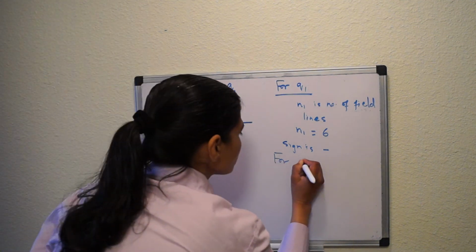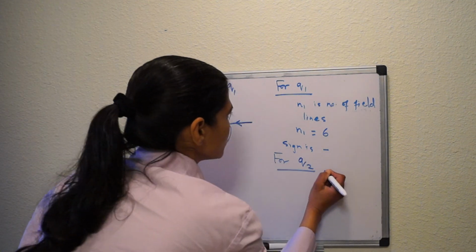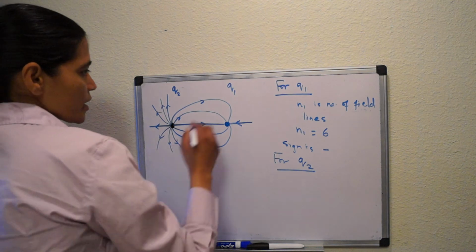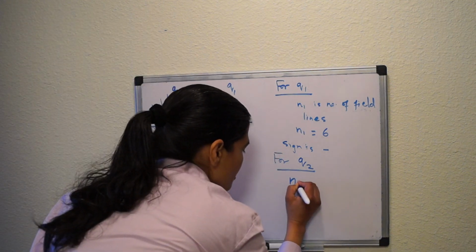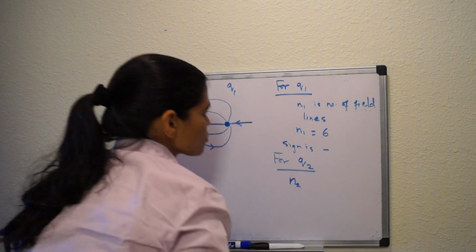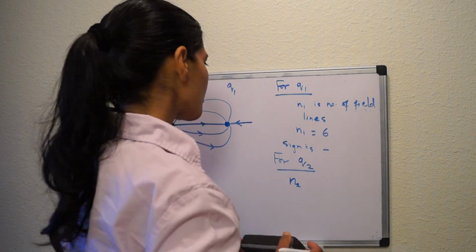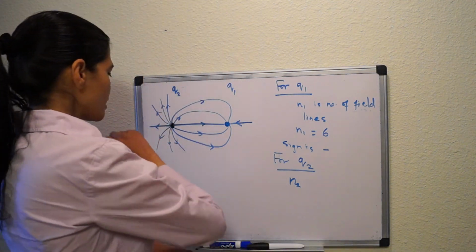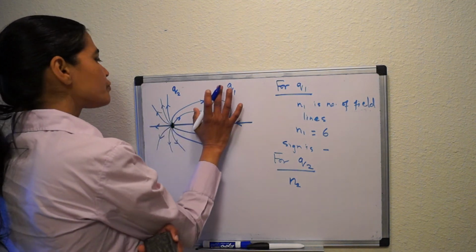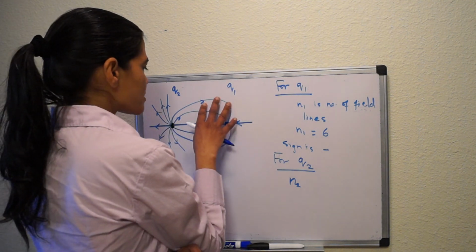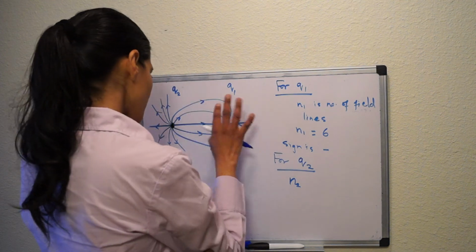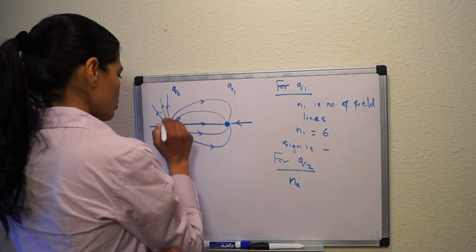For Q2, let's say N2 represents the number of field lines at Q2, okay? So let's count the number. Now we forget as if this part does not exist, completely, and now let's just look at Q2. So let's count.